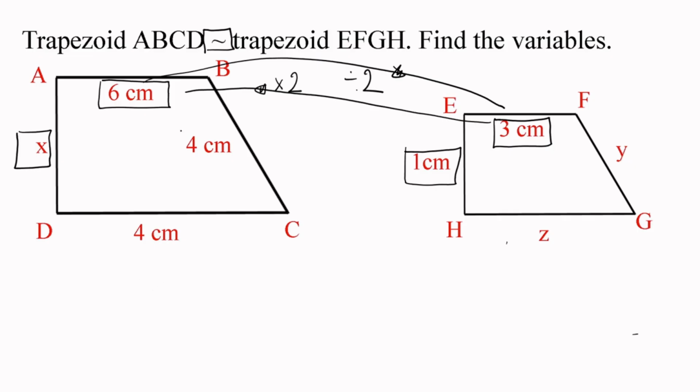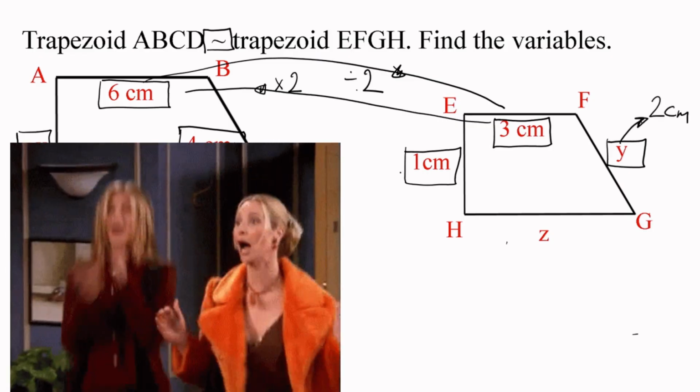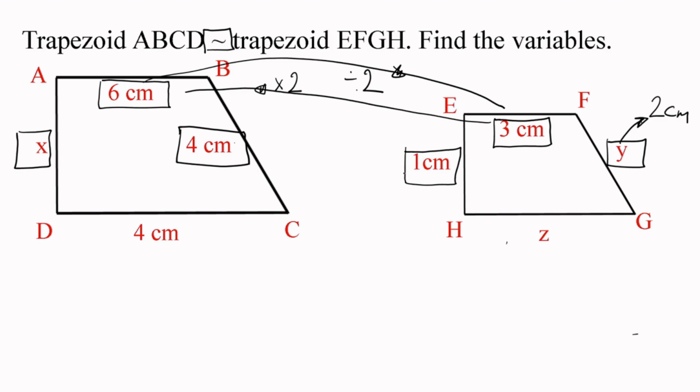For example, this one is 4 centimeters and the corresponding side is unknown. As I told you, this side must be divided by 2 because we have the same relationship. Okay, 4 centimeters divided by 2 will be 2 centimeters. Or this one, we can realize that this one must be multiplied by 2 because we have the same relationship. If I multiply this one by 2, x will be 2 centimeters.